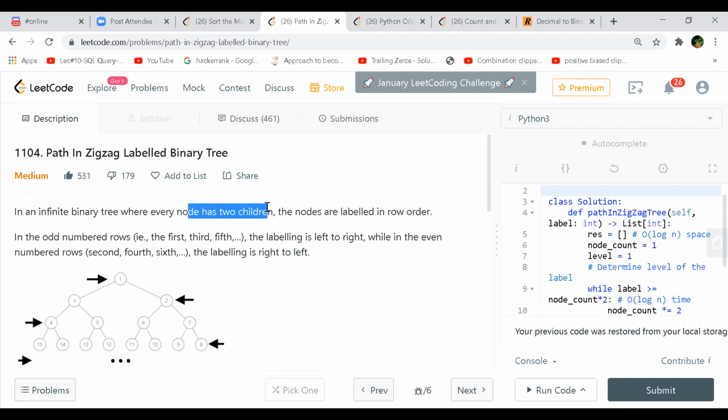You are going in the second traversal. No, here it's different. I'm saying we will not solve this problem directly. We will solve for the simple problem, which is when they are not reversed.